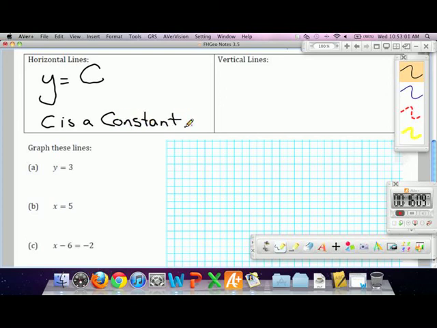So y equals a number, with no x's. Conversely, vertical lines are when x is equal to a real number. If you can rewrite your equation in this form, either y equals a number or x equals a number, then you get a horizontal or a vertical line, which makes graphing them pretty quick.